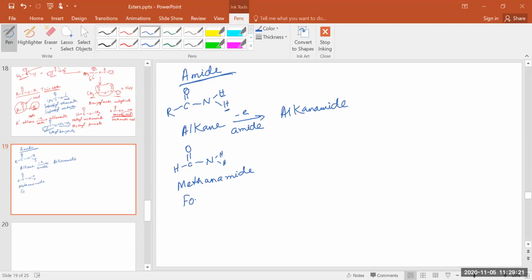So this will be called formamide. From formic acid to formamide. Similarly, if you have this one, 2 carbons, this will be called ethanamide, or acetamide.